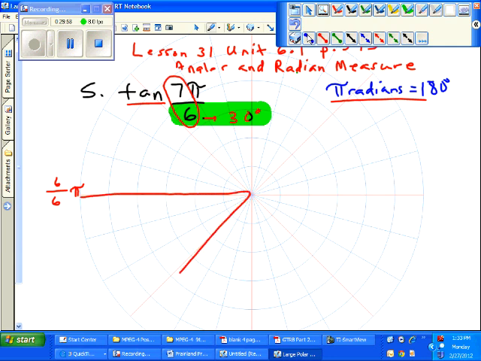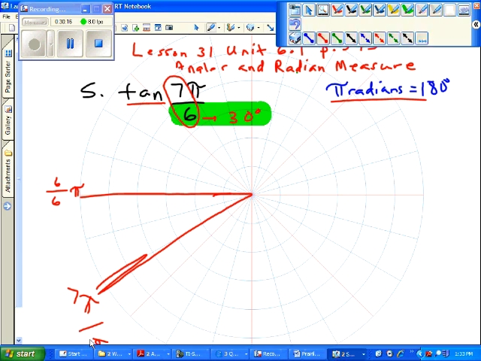So we're 30 degrees past pi, sitting right here at 7 pi over 6. We're talking about tangent 30. What's tangent 30? Square root 3 over 3.